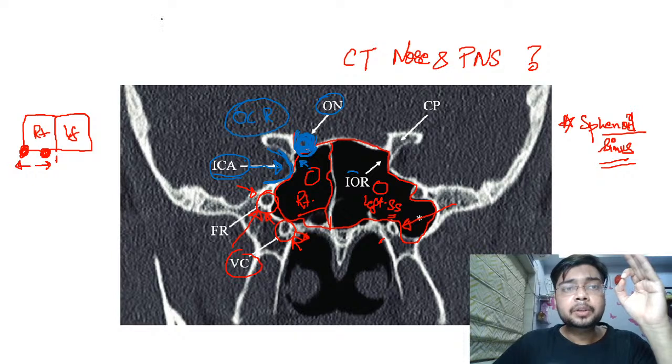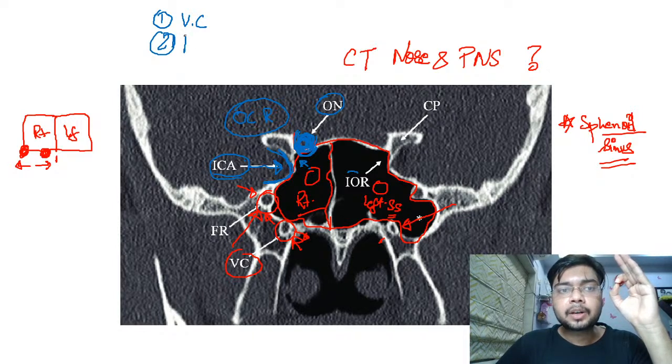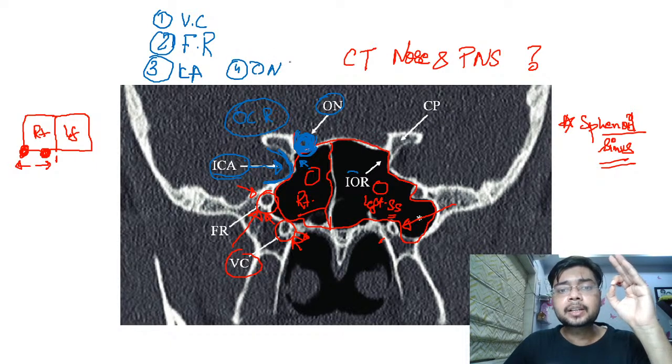Now you are able to answer and label all things in this figure. You know by now where is your vidian canal, where is your foramen rotundum, where is your internal carotid artery inside the sphenoid sinus, where is your optic nerve inside the sphenoid sinus, and where is your optico-carotid recess.